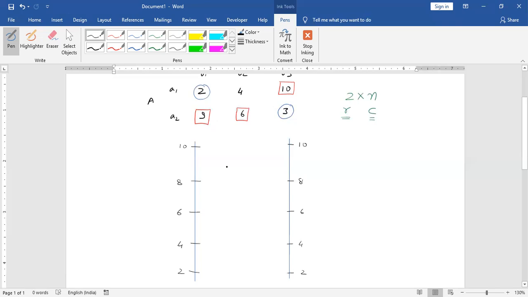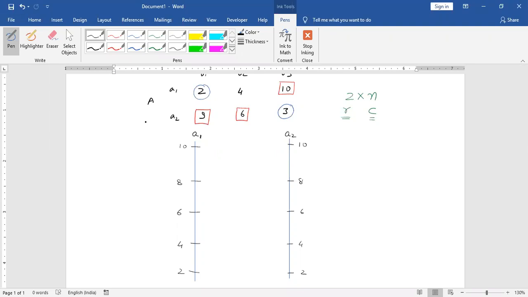Now, we have two parallel lines, and those parallel lines are basically A1 and A2, because we have two rows. And the parallel lines represent rows in case of our 2 by n.